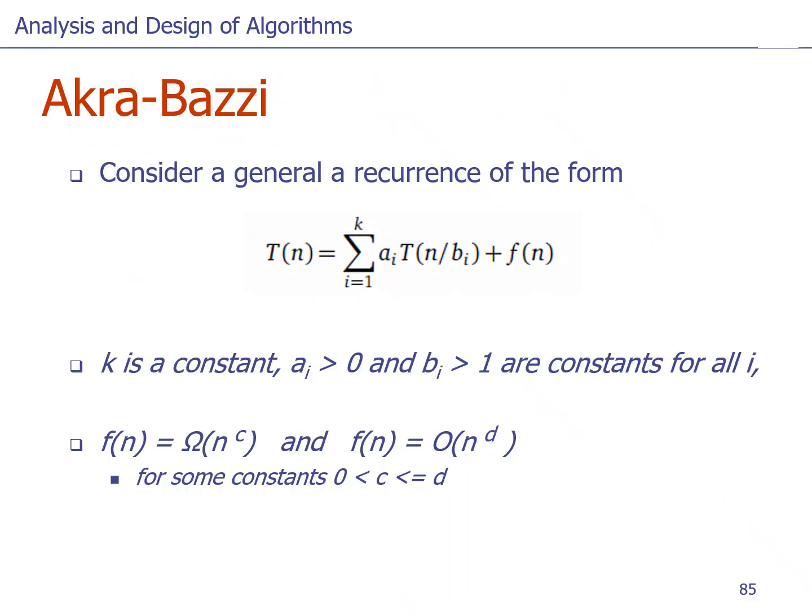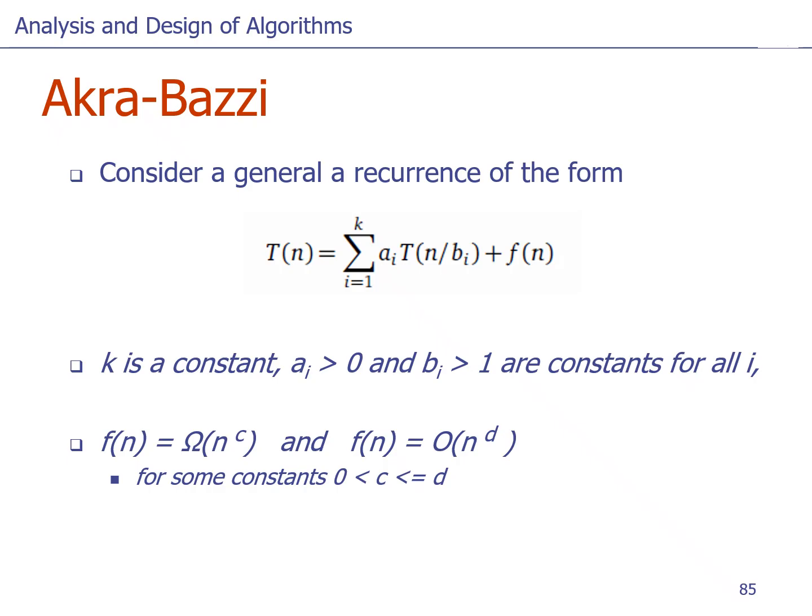So let's look again at the general recurrence form that Akra-Bazzi solved, because we're going to use some of the parameters here. It says the summation from i equal to 1 to k of a sub i, the branching, multiplied by T of n over b sub i, plus f of n.